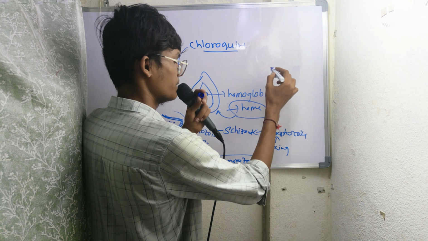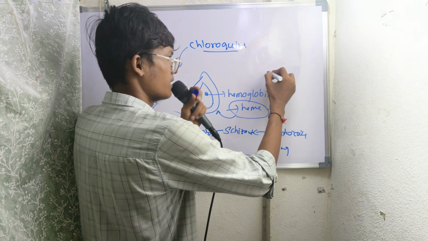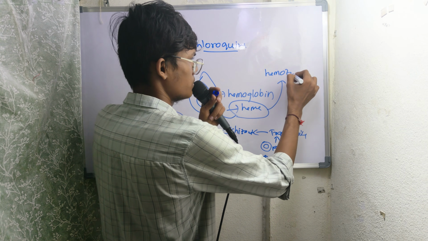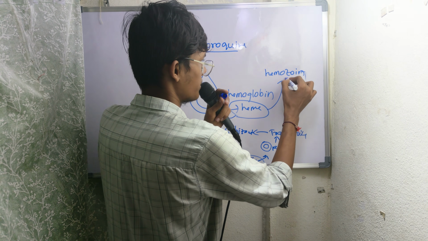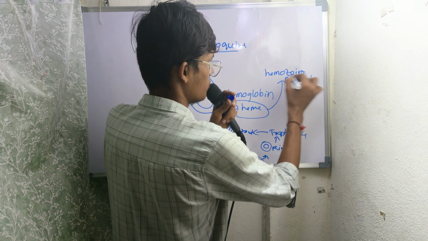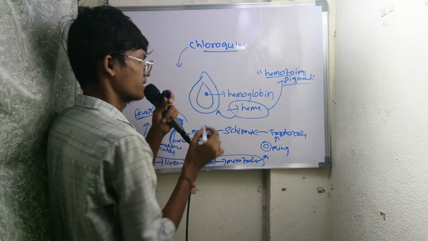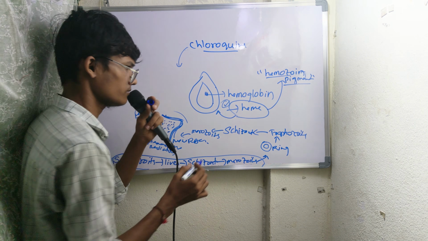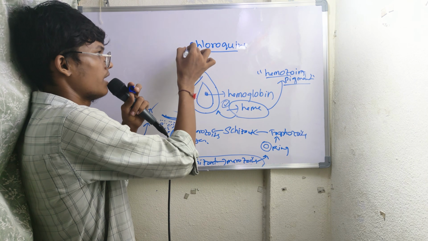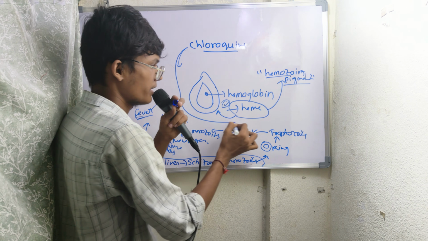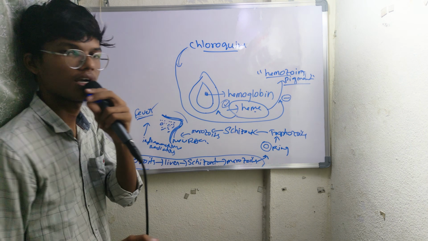Because it transforms this heme into a non-toxic substance to protect itself, that is hemozoin pigment, hemozoin granules or hemozoin pigment. This hemozoin is non-toxic to the parasite and it can be prevented from death from heme. So our chloroquine will go and stop this heme to hemozoin conversion.